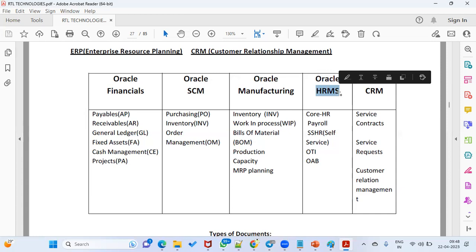Technical consultants are going to work technically on any module, but we will have some base like finance. I'm a finance technical person. I am a supply chain management technical person. So then we are going to work on that. So this is how it's going to be specified here. So these are all the different options we are going to have. So this is about the modules and domains. Thank you.